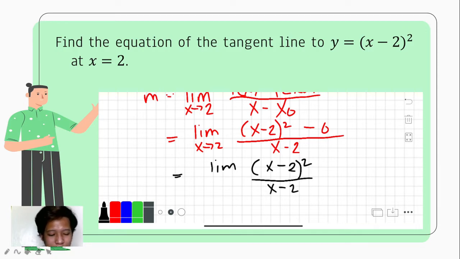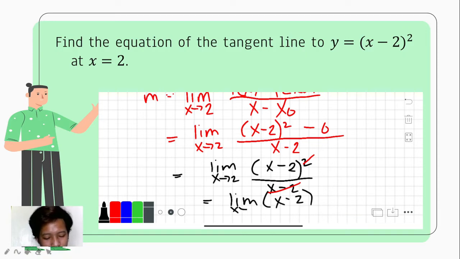Since x minus 2 is a factor of the numerator, we can just simplify it, meaning we are looking for the limit of x minus 2 as x approaches to 2. To evaluate its limit, you can use the different theorems on limits, or you can construct tables if you want.